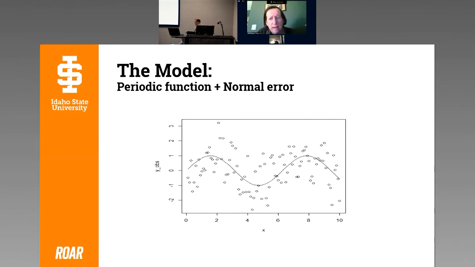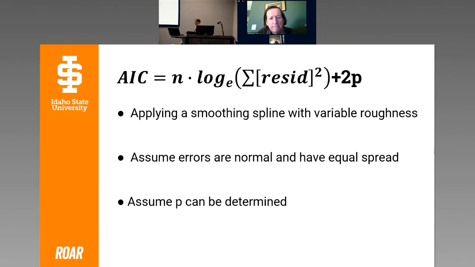And then I'm going to try and use AIC to fit a smoother to the data that works reasonably well. And so AIC in this form really just involves the sum of the squared residuals. I'm going to apply, in the language R, something called smooth.spline, which is a spline smoother that can have variable roughness.